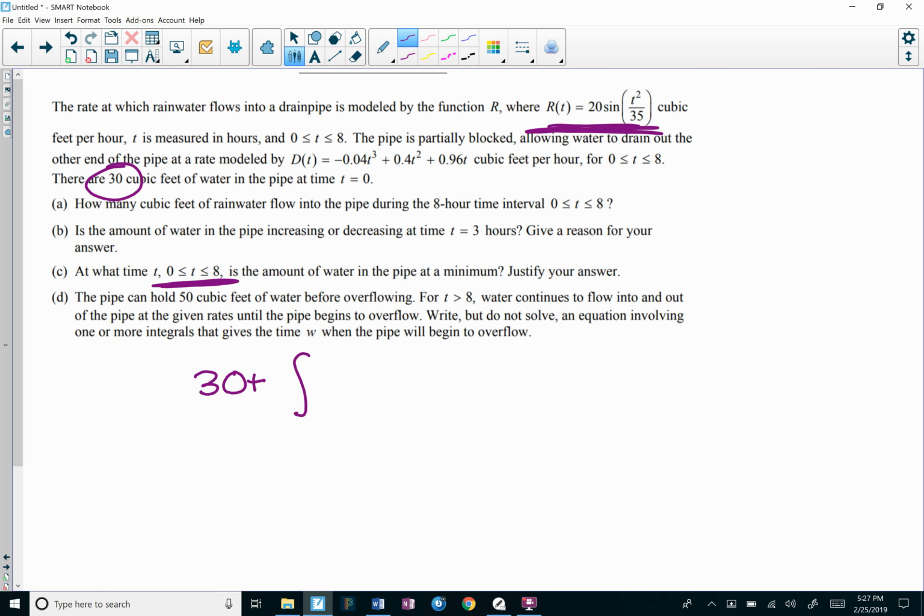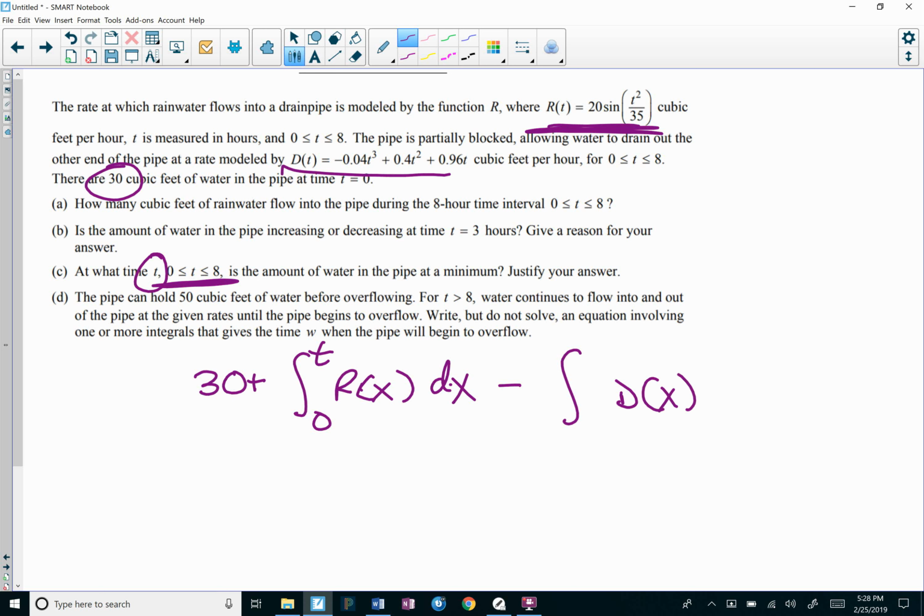I'm going to write it as an integral of R of T, but I don't want to use T because they want T, so I'm going to use X. I know that eventually I'm going to be using the FTC part 1, and when I take the derivative, it's going to replace that variable and it will become R of T, which is exactly what I want. And then I have to subtract the integral of the rate at which it's flowing out, so D of T. I'm going to do the same thing.